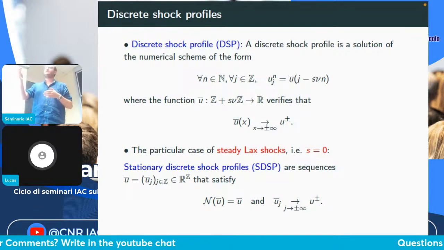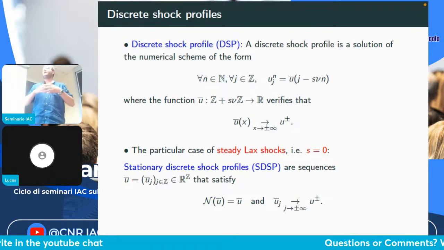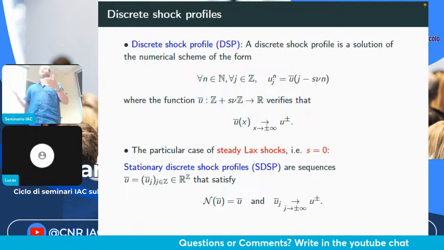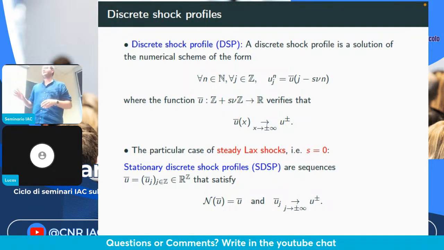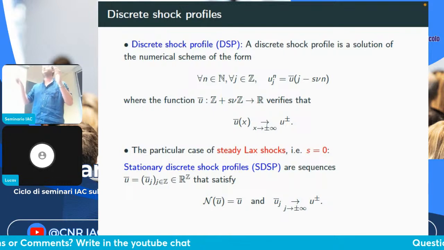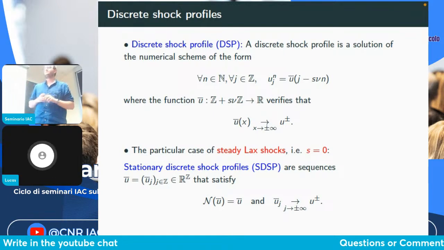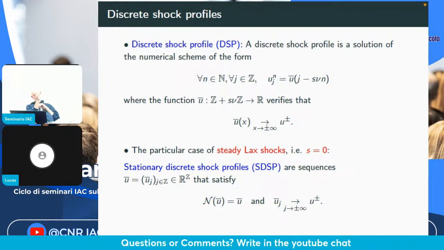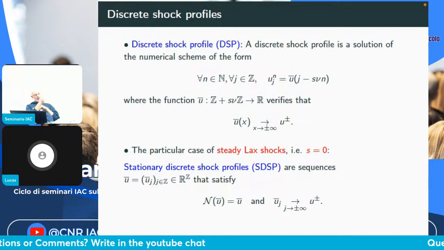In the continuous setting, most of the time you say, okay, I have one traveling wave, and each translation is a solution. In this case, it's a little bit more peculiar because you don't necessarily have a profile. Maybe you are not passing from the same nodes, because if you translate by a different quantity than the space step, you are not on the grid.